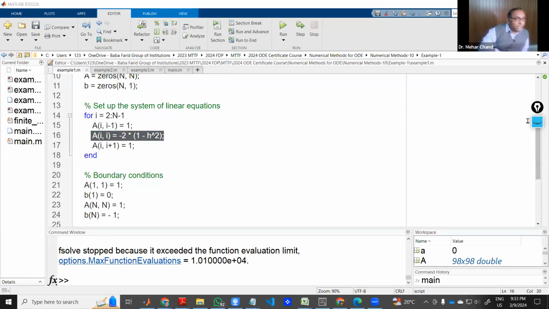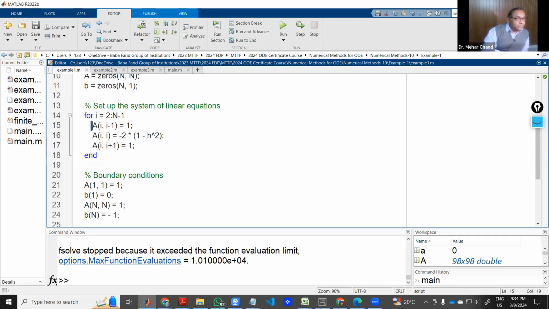Okay. So what about these values? When you have i equal to 2, this will be A21. When you have i equal to 3, then A32. So all these values are equal to 1, below the diagonal element. And what about this one?